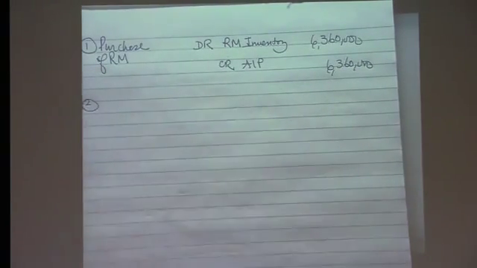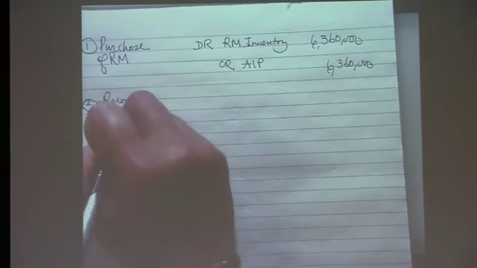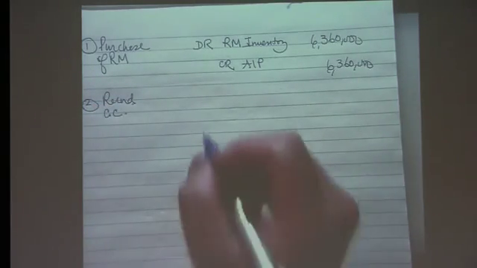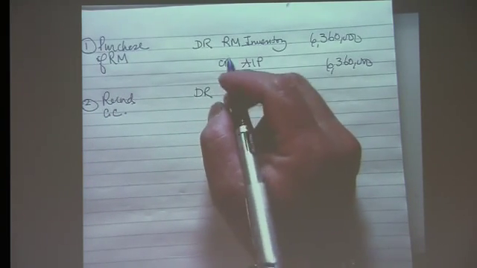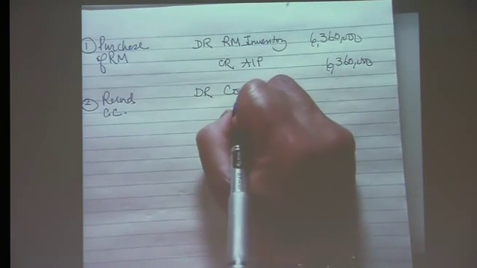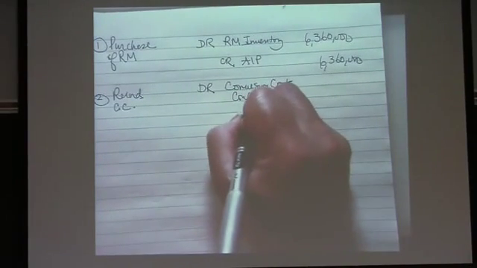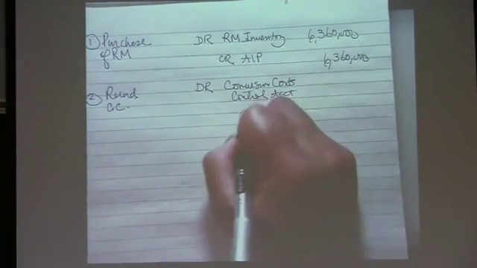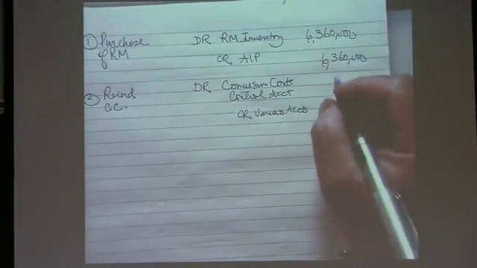The other thing we need to do is actually record conversion cost. And the actuals incurred is debit conversion cost control account, credit various accounts.